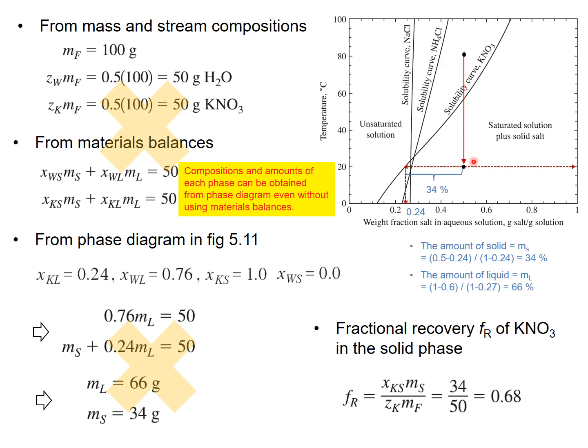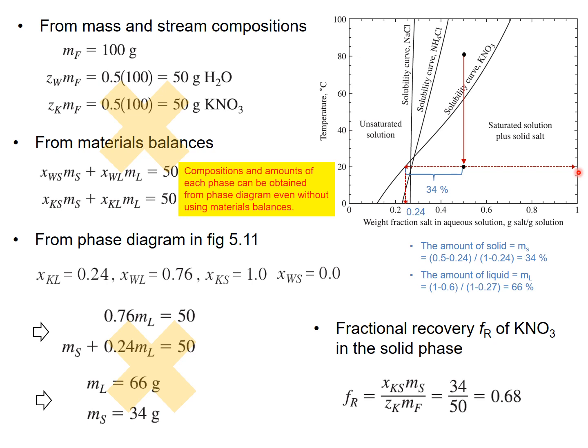And then this point is split into 2 points. One point is on the solubility curve, so this is about the solution, and the other point is going to the vertical line on the 1 gram salt per 1 gram solution line. It means solid of KNO3.